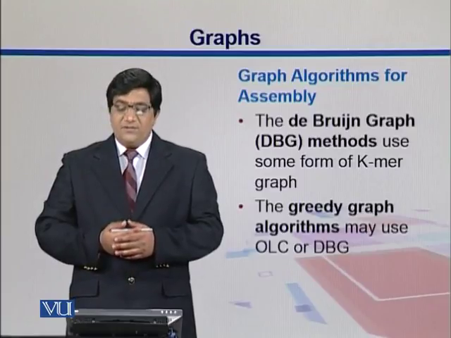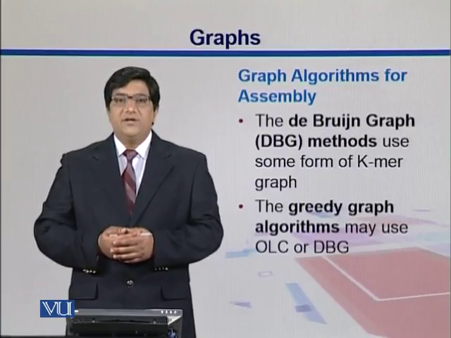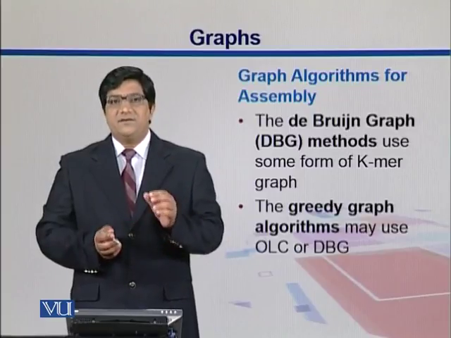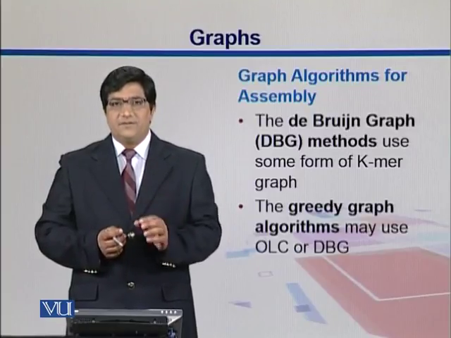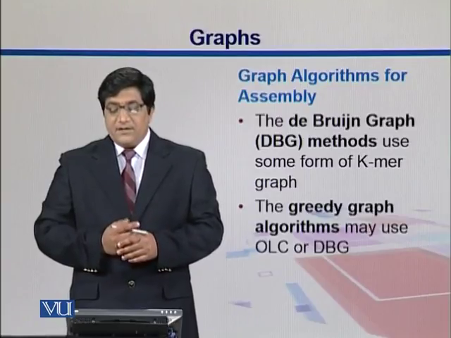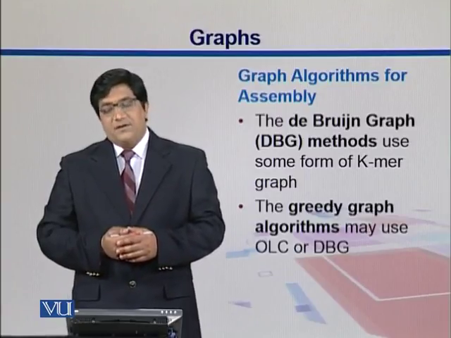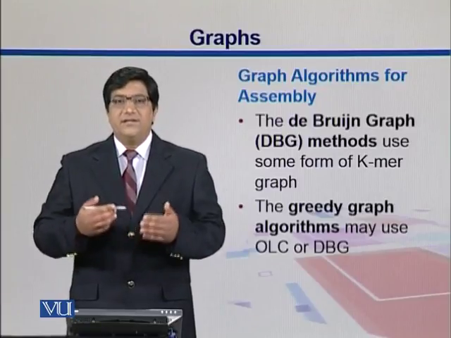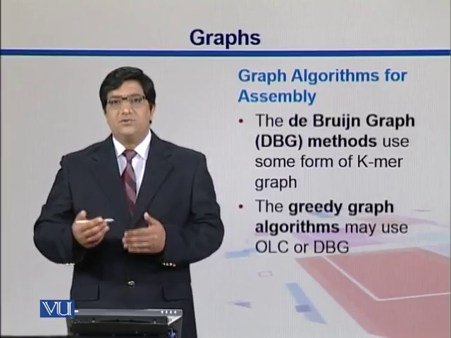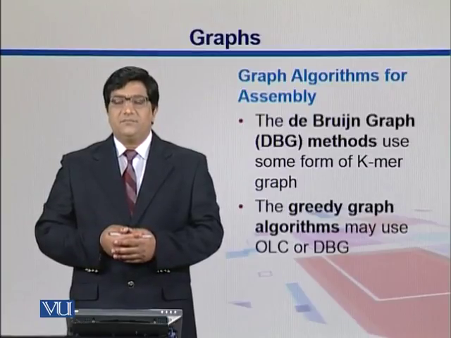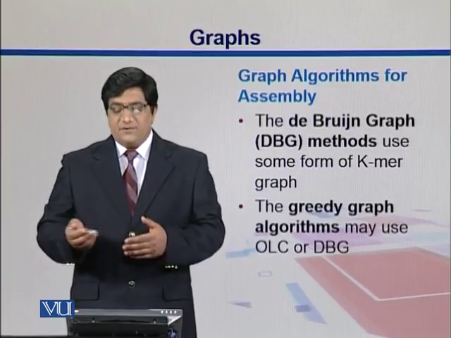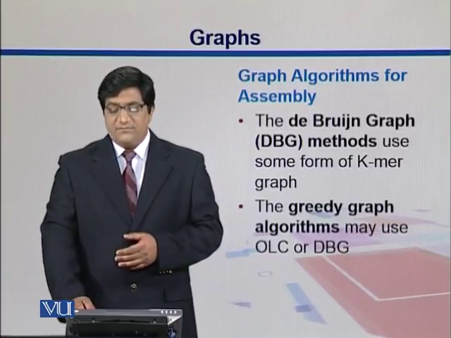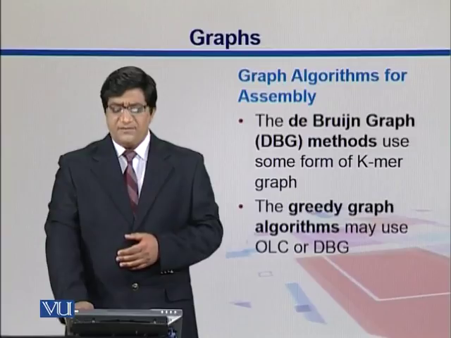The other example is the de Bruijn graph, where we take those reads and break them into further small fragments. We take subsets of reads and compare them. We call them k-mers. We'll talk about them. And the greedy approach may use both of them, so it might use OLC or DBG. Basically, greedy is an approach where we use anything coming from any one of the methods. So these are the three main approaches as far as graph algorithms are concerned.